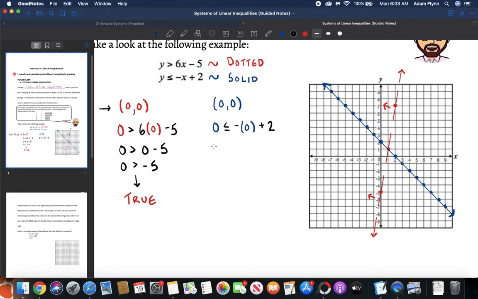So if I keep evaluating, I've got 0 on the left side is less than or equal to negative 0, which is just 0, plus 2. 0 plus 2 on the right side is going to be 2, so I have 0 is less than or equal to 2. So if I evaluate that, 0 is less than or equal to 2, well, that's true as well.